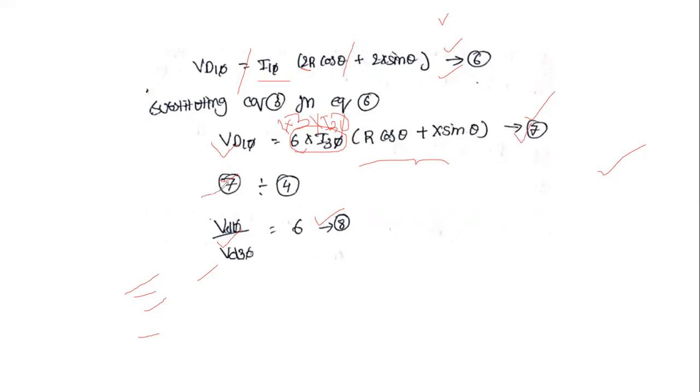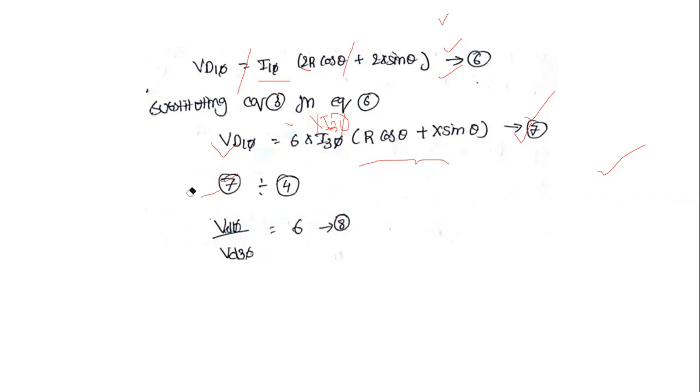Next, divide 7 by 4. Vd single phase by Vd three phase is equal to 6. This is equation number 8.